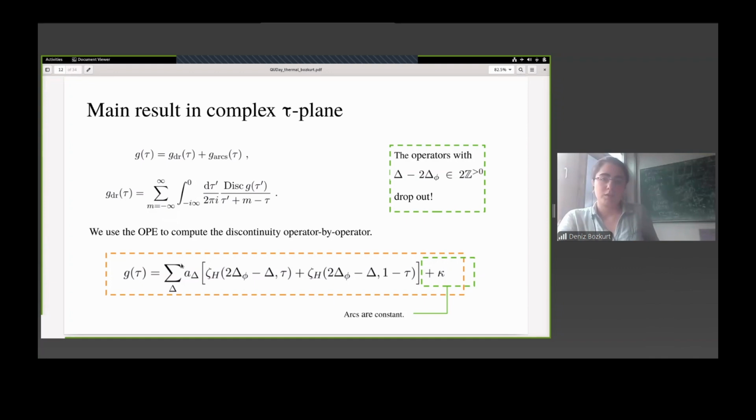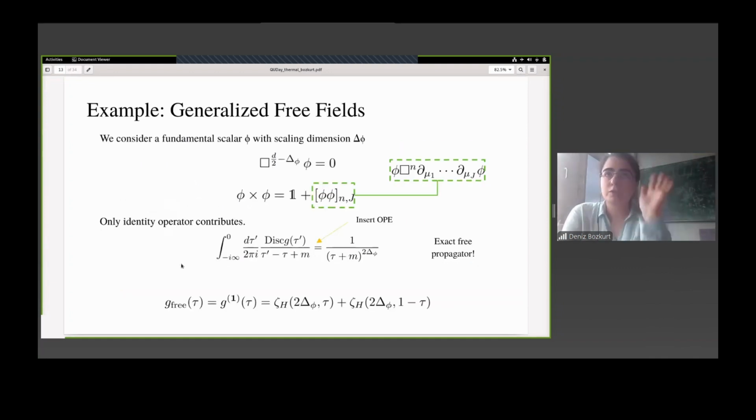Yes. Okay, so maybe this was a bit too abstract, and just to give you a flavor, we can immediately do the example of generalized free fields and maybe understand it better. So the generalized free field is one scalar field in the fundamental representation, and it should satisfy the equation of motion that is given here.